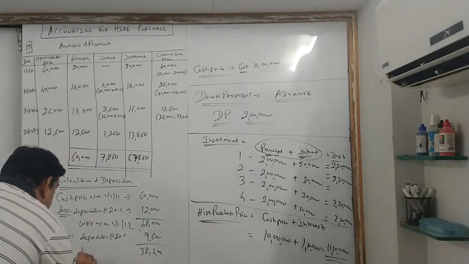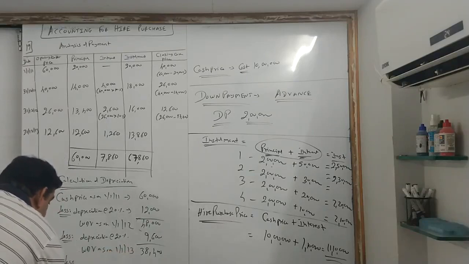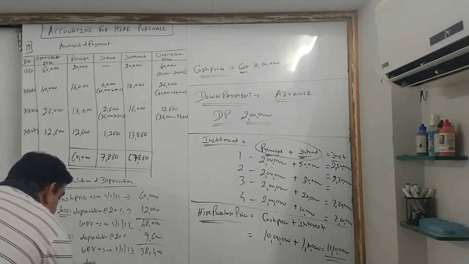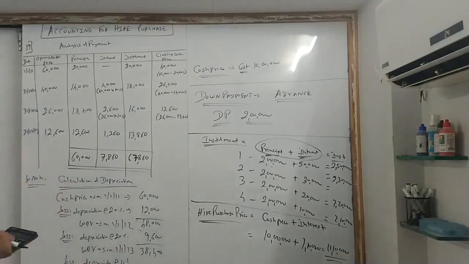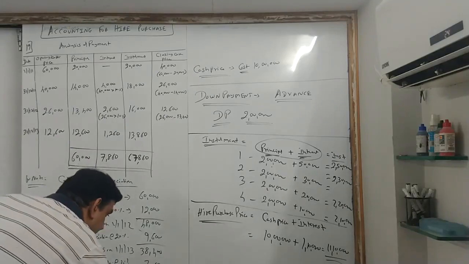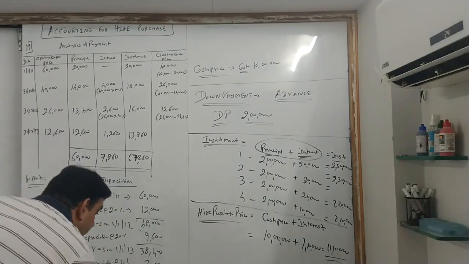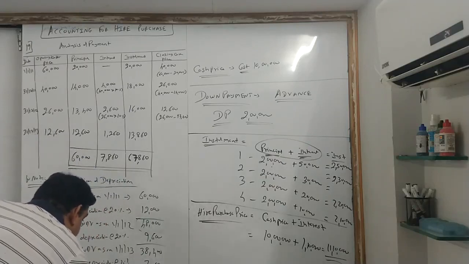Okay? This is my WDV as on 1st Jan 13. Again, less depreciation at the rate of 20%. 20% of 38,400, that is 7,680. Take the difference, 30,720.